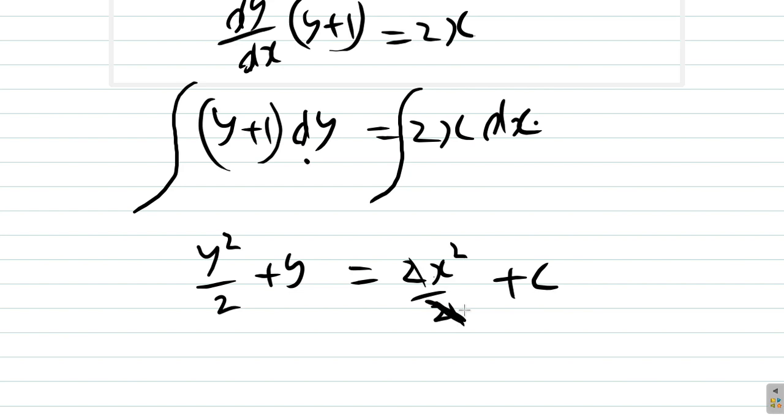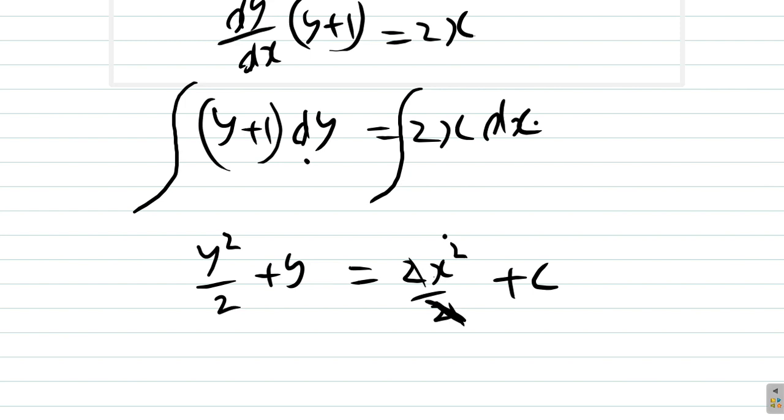Now, you don't necessarily have to put a plus c over here, because if you have a constant, call it c1, and this constant, call it c2, you could always add or subtract c1 from both sides. So you're going to have c2 minus c1, which is just another constant. Call it c3 if you want. But you only need the constant of integration on one side.